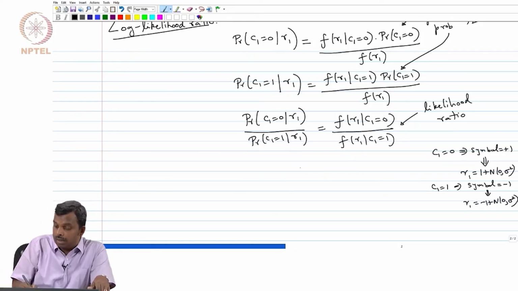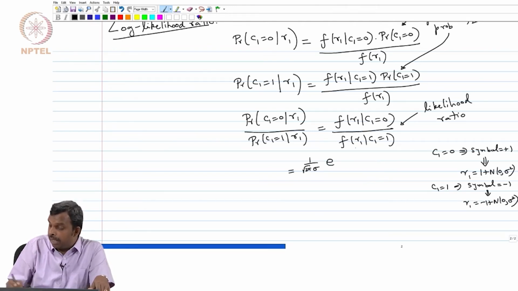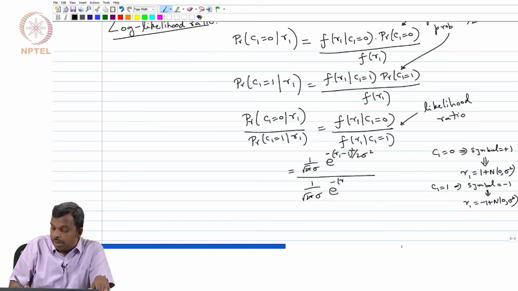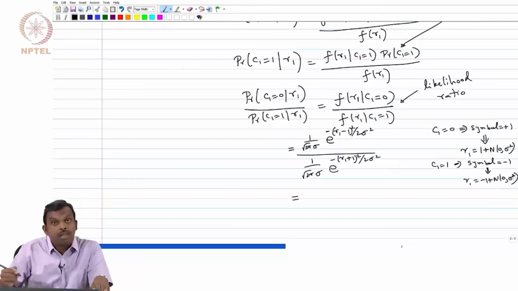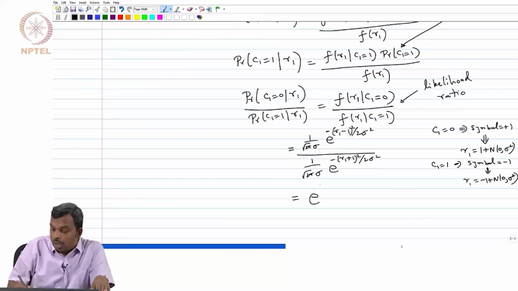So this ratio will work out as 1 by root 2 pi sigma, the normal density. With mean +1, in the numerator you will have e power minus (R1 - 1) whole squared by 2 sigma squared, divided by, for the denominator, e power minus (R1 + 1) whole squared by 2 sigma squared. One can simplify this. I am going to skip the simplification a little bit. You will get overall e power 2 R1 by sigma squared.